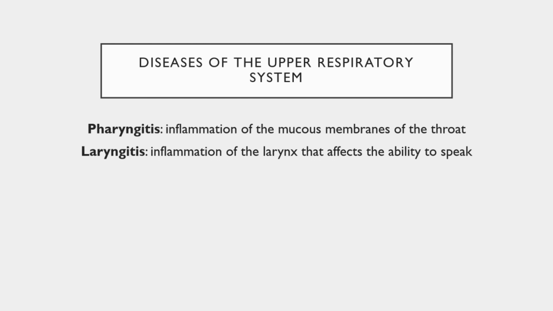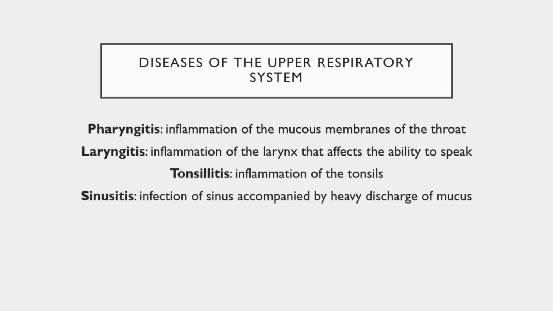And so, laryngitis is inflammation of the voice box that affects the ability to speak. And this is what can cause you to quote unquote lose your voice. Tonsillitis is inflammation of the tonsils. And lastly, sinusitis is infection of the sinus, which usually comes with heavy mucus discharge, as many of us are probably familiar with.